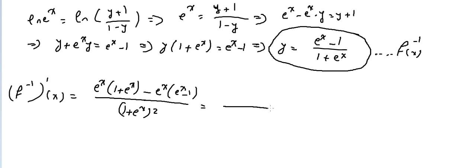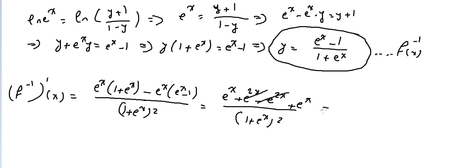If we expand and simplify: e^x times 1 is e^x, e^x times e^x is e^(2x), minus e^x times e^x, e^(2x) again, plus e^x, over (1 + e^x)^2. This simplifies, the e^(2x) terms cancel. So the final answer for the derivative of the inverse function is 2e^x over (1 + e^x)^2.